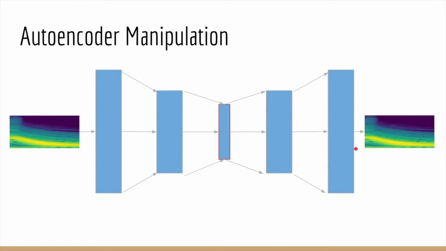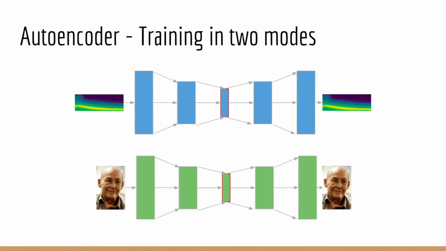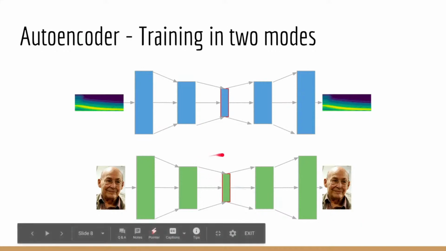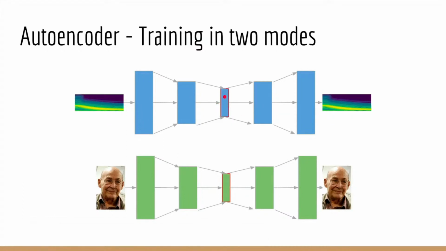To use autoencoders in audiovisual work, we can train two different models, one in the audio domain, one in the visual domain. In this example, we take spectral data from audio and learn a compressed feature space from this audio. We then do the same for video data.